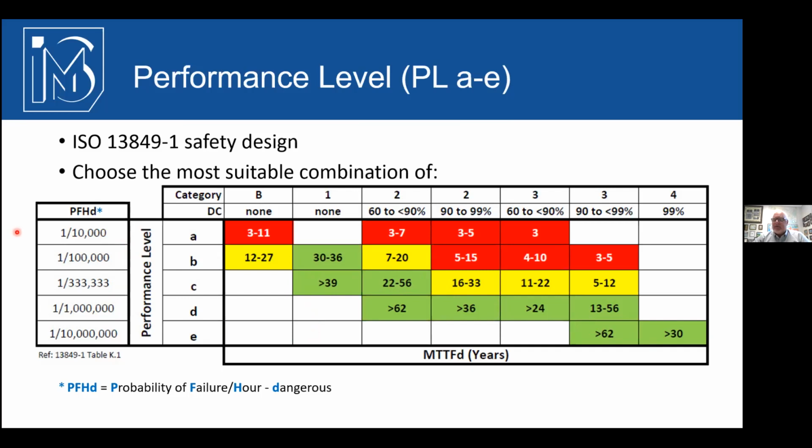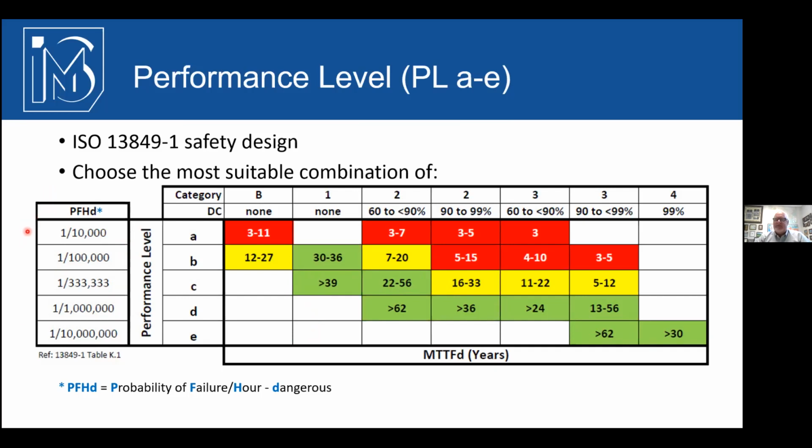And any of them can fail to a dangerous state. So we want to define the probability of that happening. So you'll see the levels of probability here. It's the probability of failure per hour to a dangerous state. That's what you'll see this acronym here.